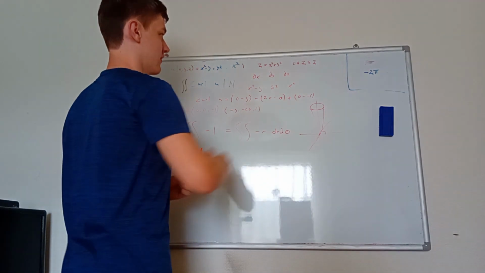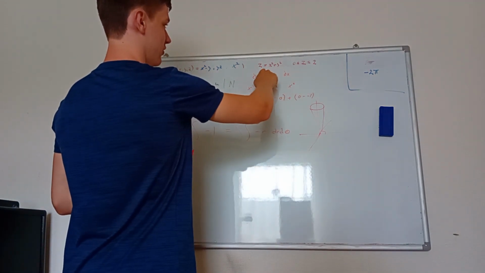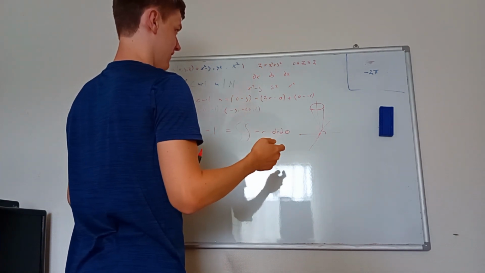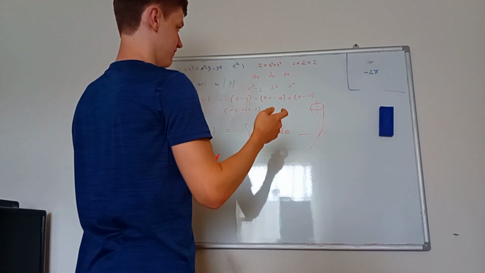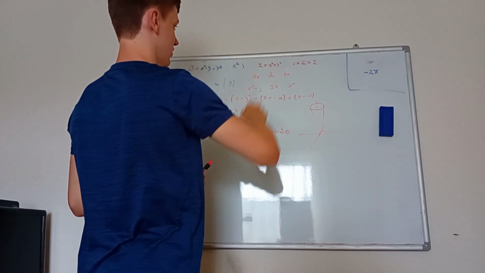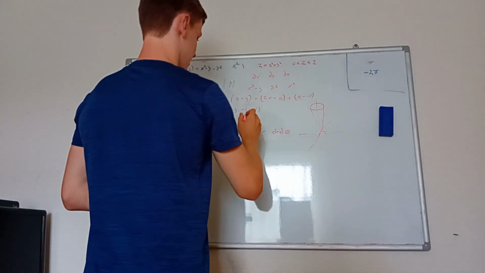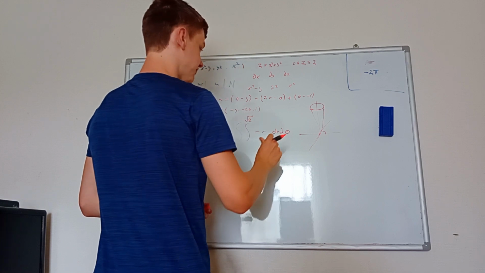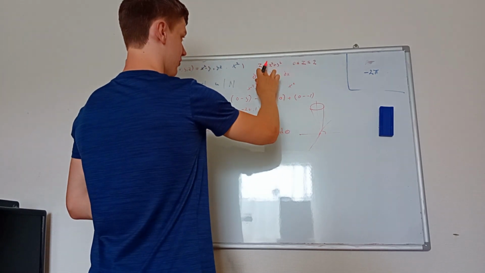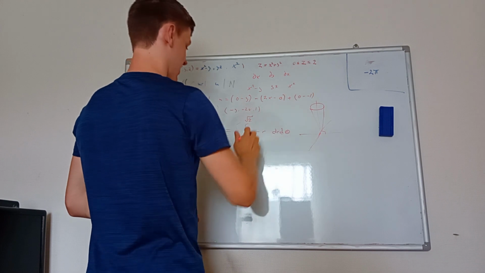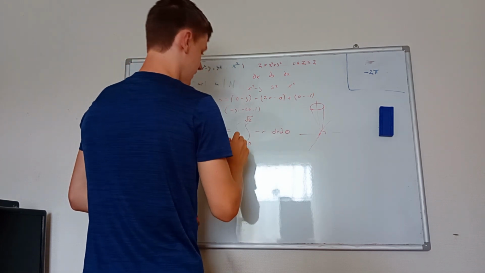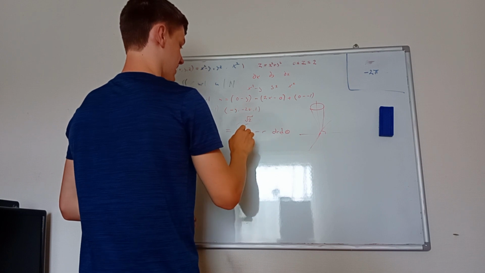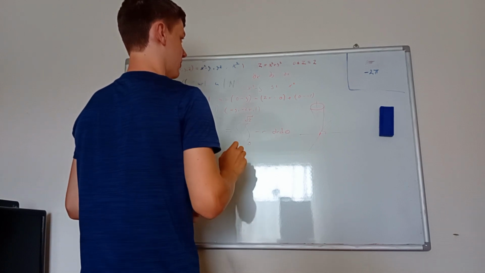So if you put the 2 here, you have 2 equals r squared, which means that r equals the square root of 2. So our upper border is square root of 2, and the bottom will be 0, which we can see right here. So we have square root of 2 and 0 for the borders of r.